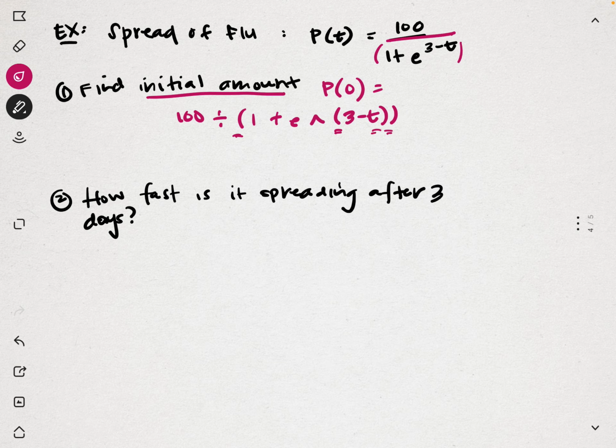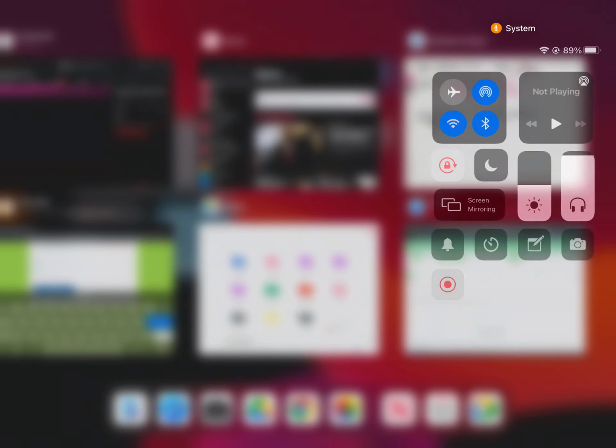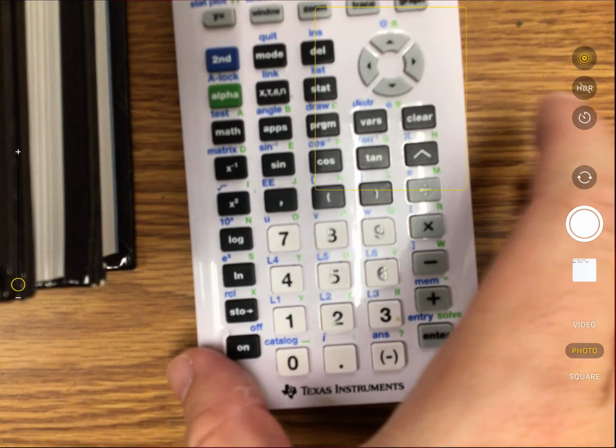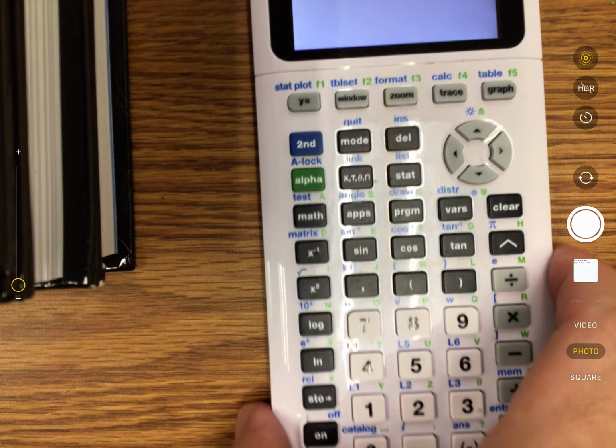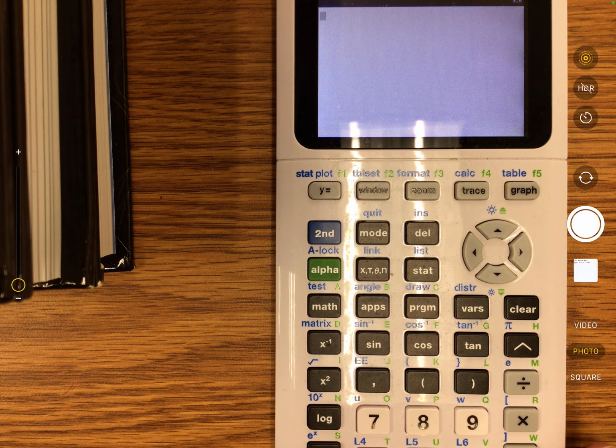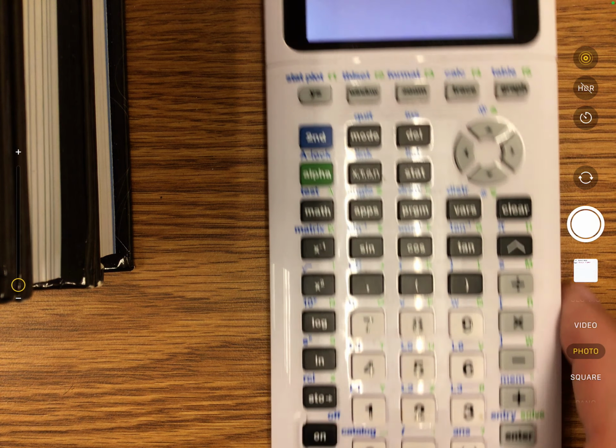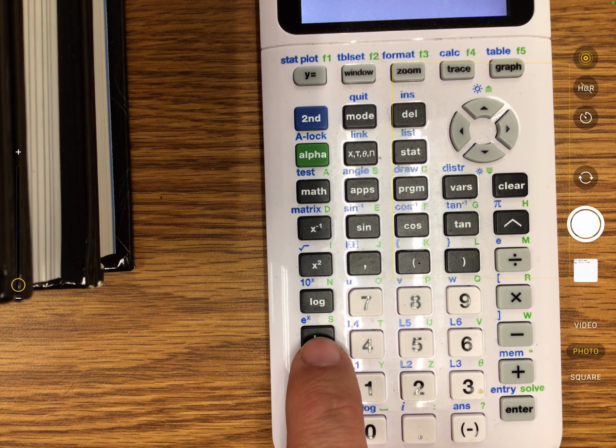Maybe I should come and show you what it looks like over here. Alright, so let's do 100 divided by 1 plus e to the 3 minus t. So you have this button here, e to the x.